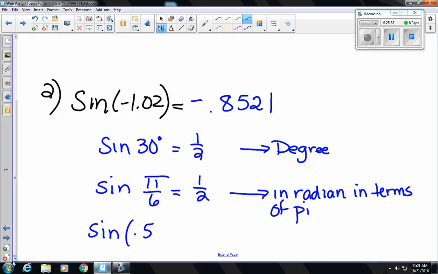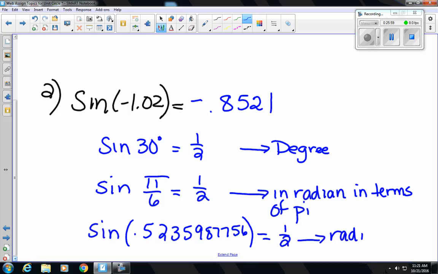Hang on. Shelby, give it to me all at one time. 0.5235987756. Now do sine and then go second answer in your calculator so you capture that whole thing. 1/2. Yeah. That's still radian, but it's not in terms of pi.